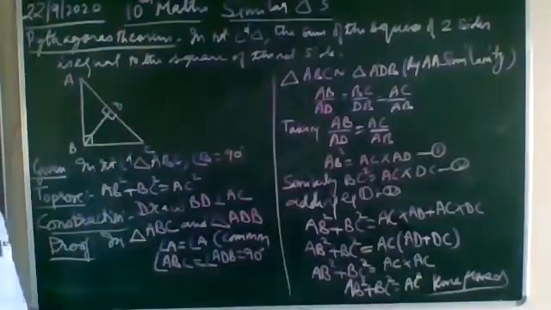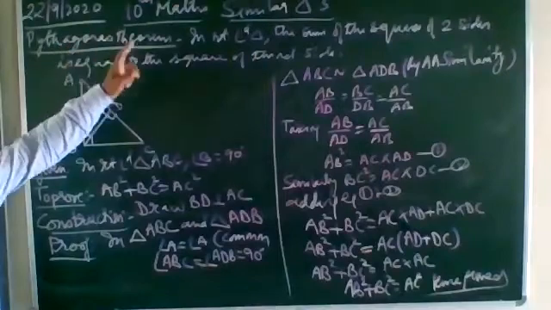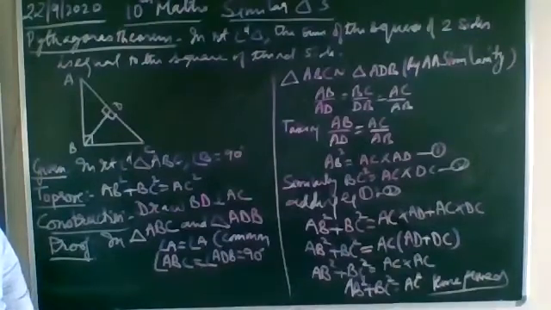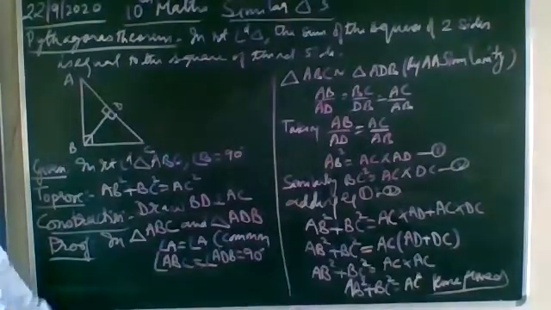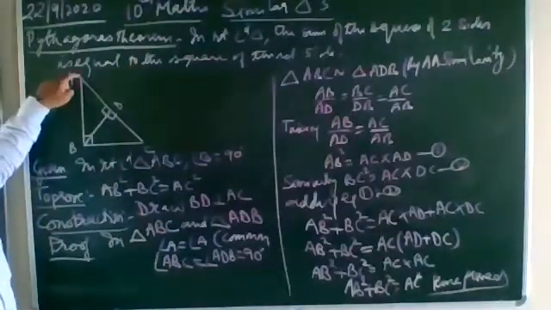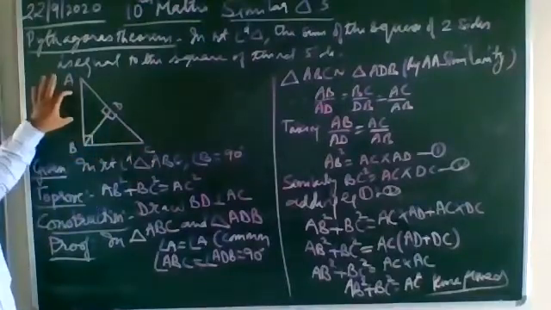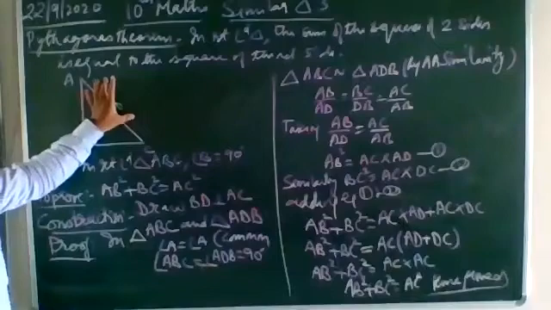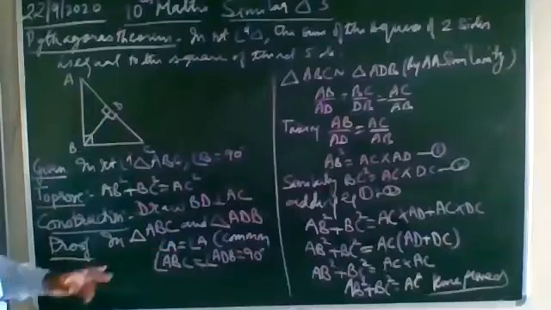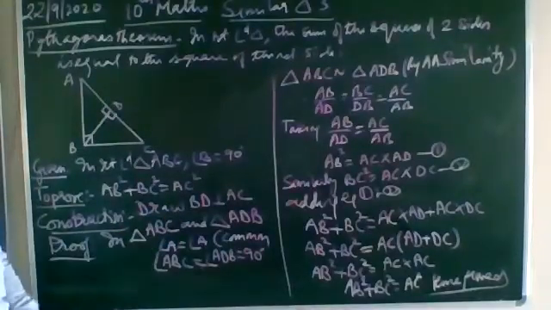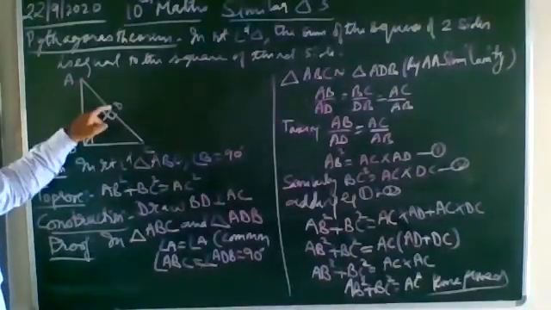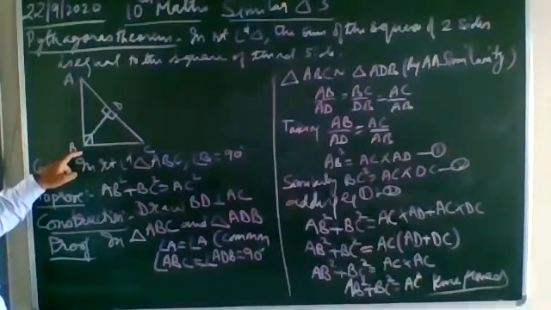Understood this theorem? Pythagoras theorem. In right angle triangle, the sum of the square of two sides is equal to the square of the third side. So ABC is a right angle triangle. You have to prove AB square plus BC square equal to AC square. Construction: draw BD perpendicular to AC. Prove in triangle ABC and triangle ADB.